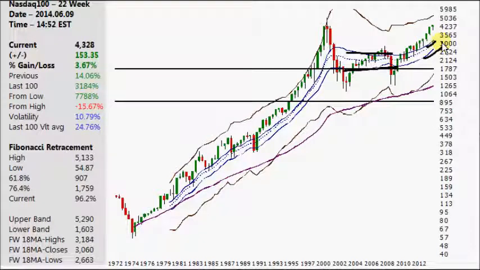We're on period number 5 in a row above the 18 average of highs. The 18 average of highs is priced in right now at 3184, which means it's about 1,100 above it. That's a large amount. And you can look at this here. This is 5 periods above the 18 average at around 600.